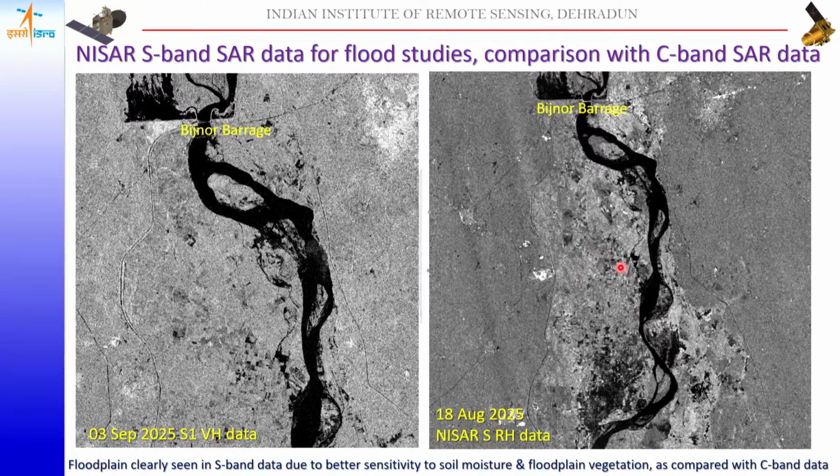Because S band has a higher wavelength than C band, it is more sensitive to moisture, shrub and vegetation, so you can clearly identify areas with floodplain vegetation and higher moisture, automatically highlighted in the NISAR data as compared to the Sentinel C-band datasets.